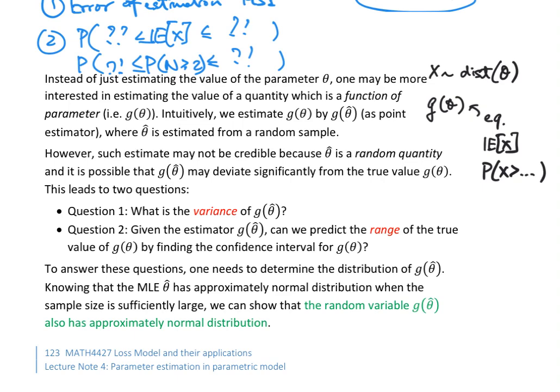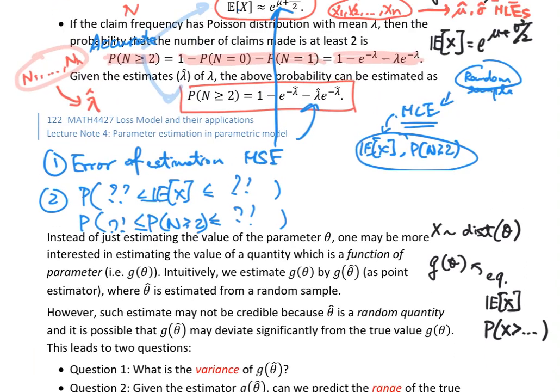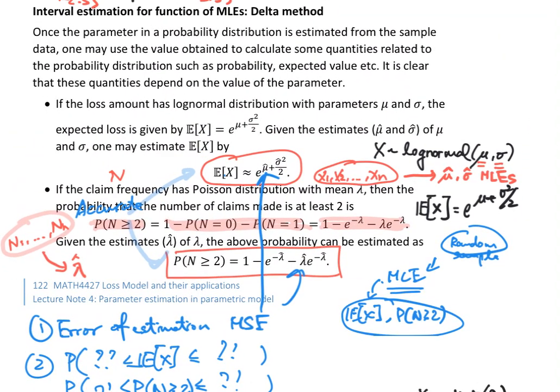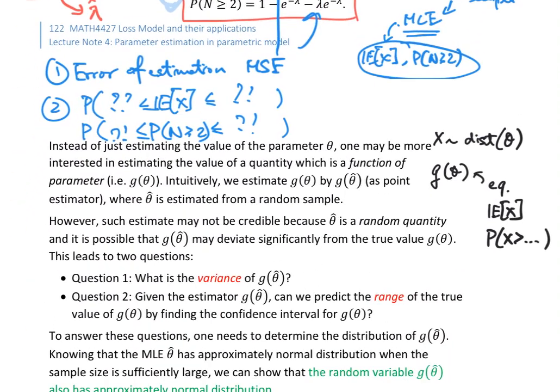Remember, this is also a function of your parameter. In the first example, where the loss amount follows the normal distribution, the expected value is a function of mu and sigma. For the second example, about claim frequency, the probability is also a function of your parameter. This is what g(theta) is about.